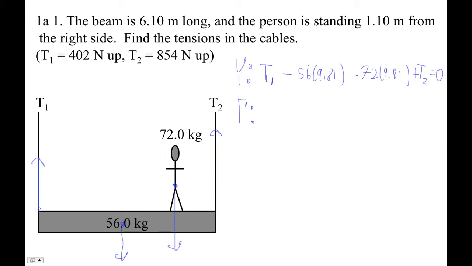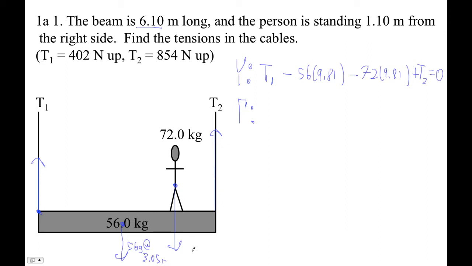I'm going to pick this spot to solve for the torque about, because that'll make this force drop out of the equation. So notice this is 56 times 9.8, and that's at 3.05 meters.